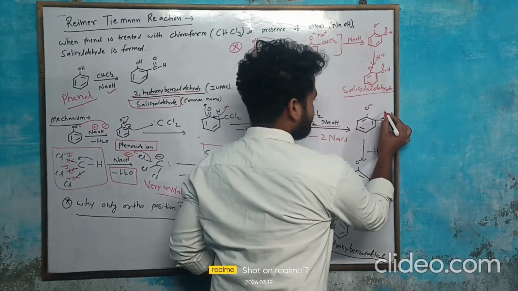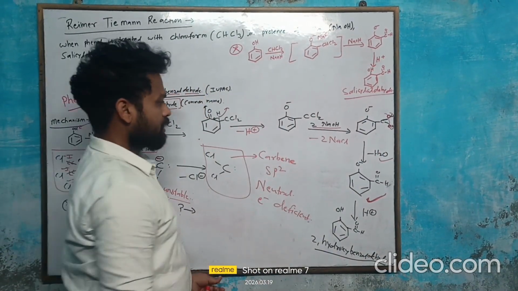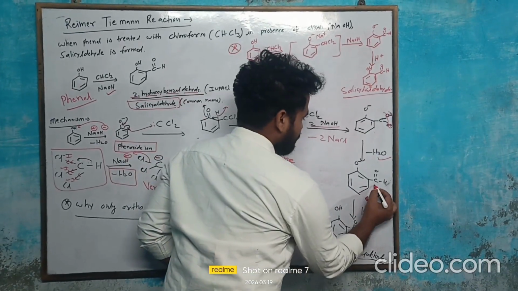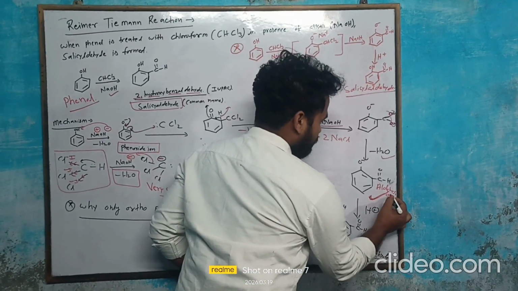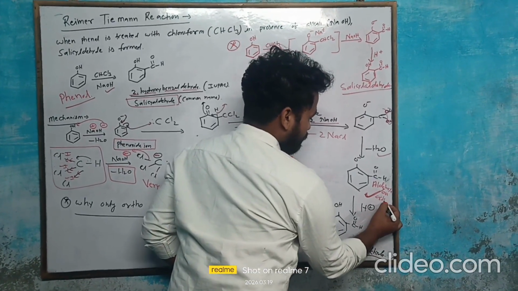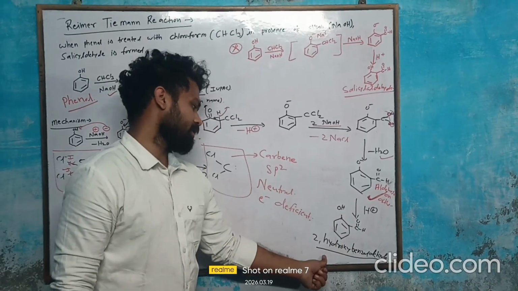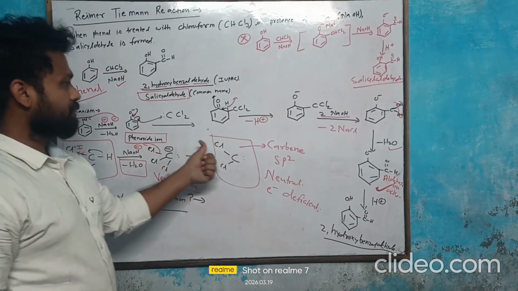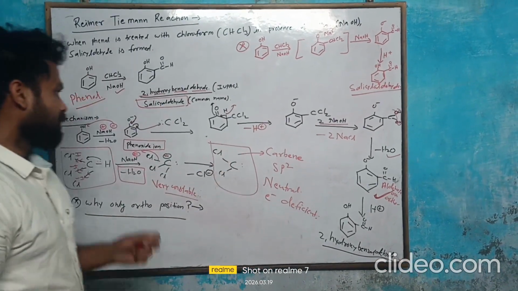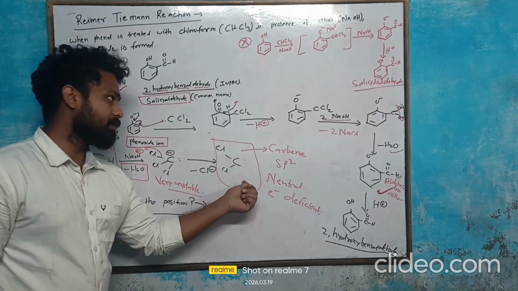That's why H2O will be removed from here, and there is the formation of an aldehyde on the ortho position, and after protonation we will get 2-hydroxybenzaldehyde. This is the mechanism of the Riemann-Tiemann reaction, and the important point is the formation of carbene as an intermediate.